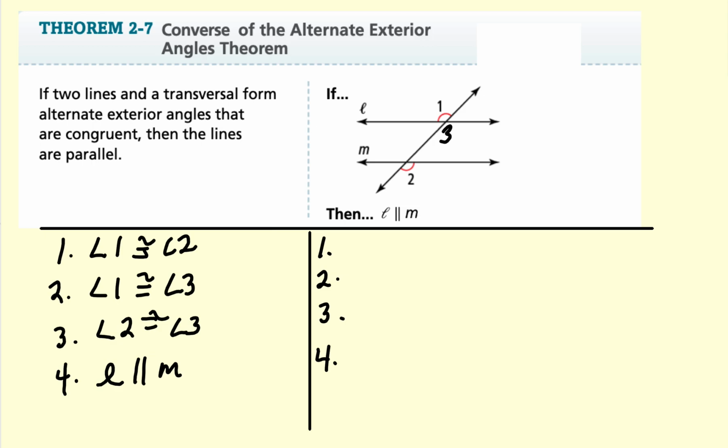All right, here is another converse. This time we're going to have alternate exterior angles congruent, and we want to prove we're going to get parallel lines. So we have the given, we have these alternate exterior angles congruent. We can say 1 and 3 are still congruent. Vertical angles are congruent.